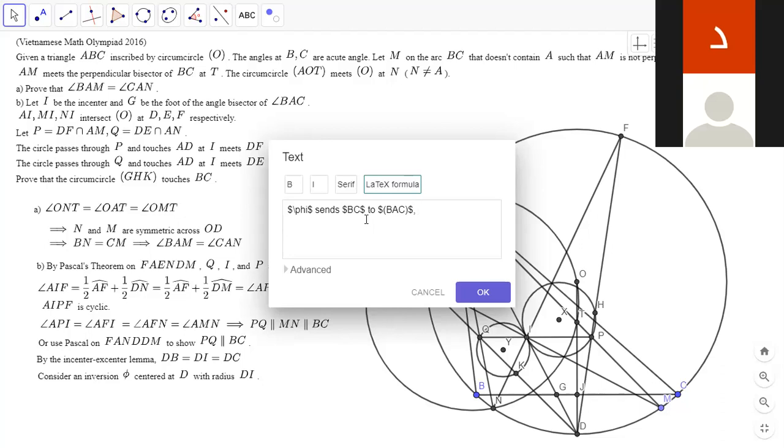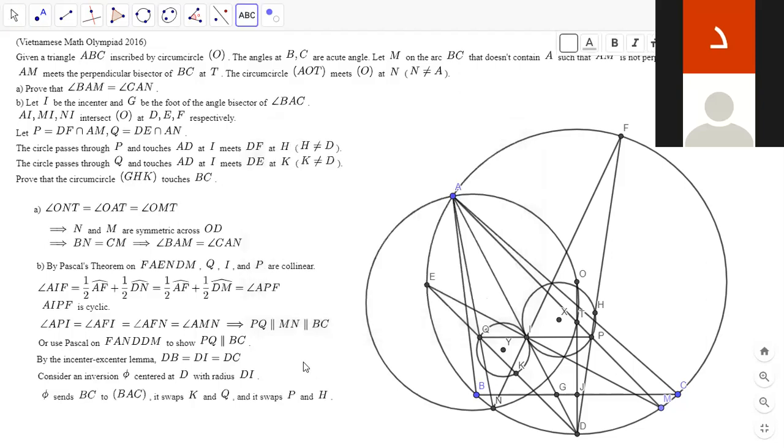It swaps K and Q, and it swaps P and H. I'm going to make sure in the end that I actually prove everything that I say. So phi sends the circumcircle GHK to the circumcircle BPQ.